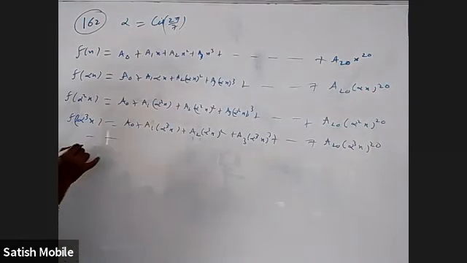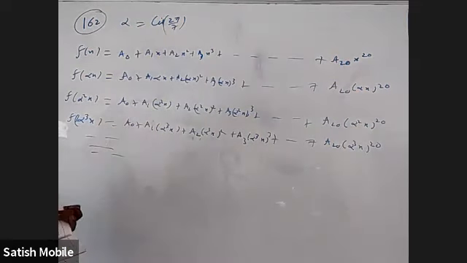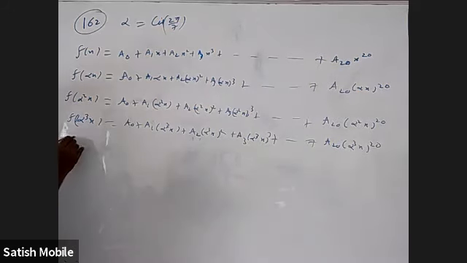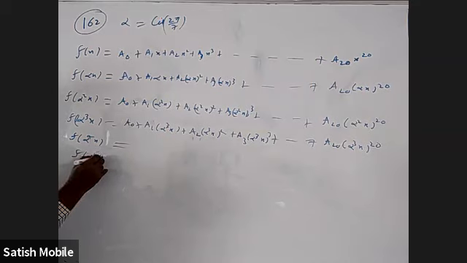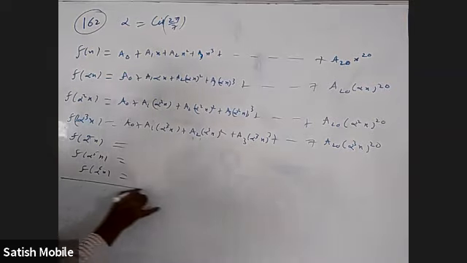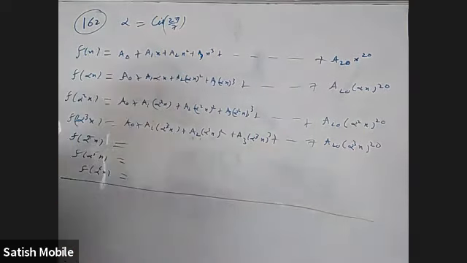Similarly, you can put 4 and 5 and 6. They want up to f of alpha power 4x, f of alpha power 5x, f of alpha power 6x. Total 7 things. When I add, let us see what happens.